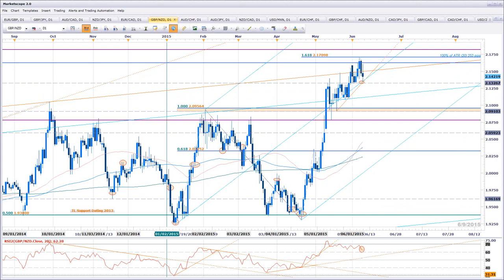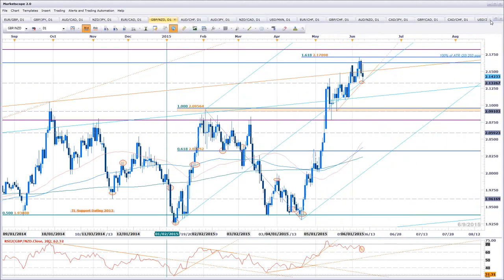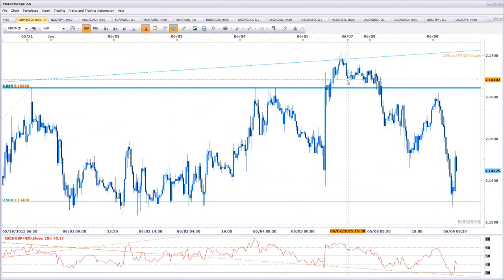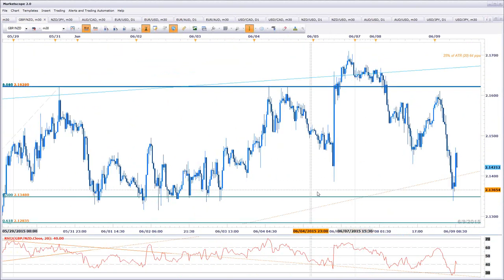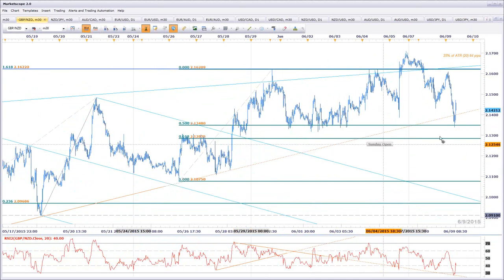All right, let's see what the daily chart looks like, or the intraday rather. Here's the weekly open. Okay, this is stale.